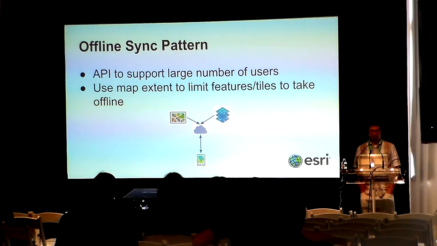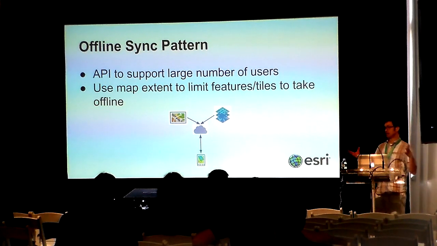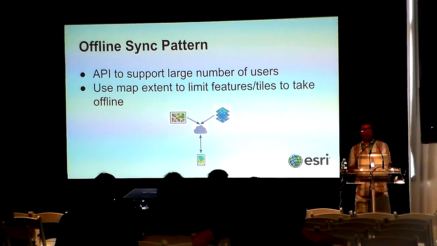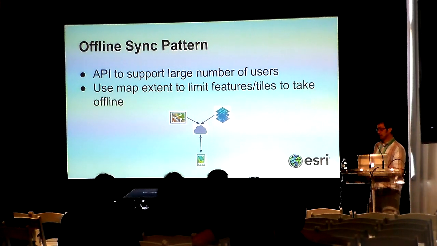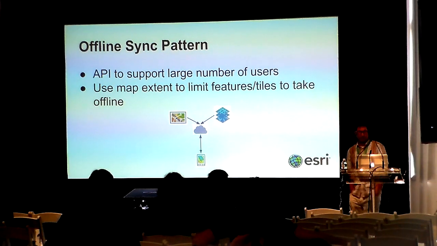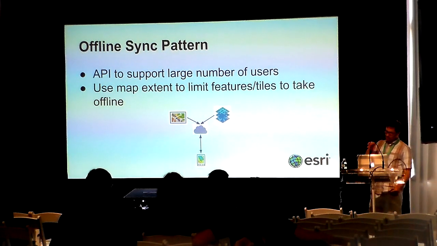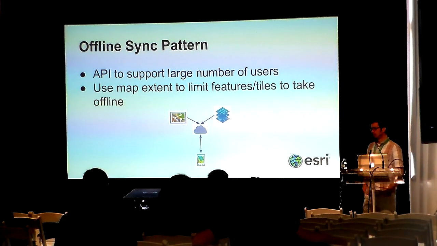Now, the data is in a large cloud-based database. You could either consume the entire database, which can take a long time to get locally on your device and comes with device limitations, or you can take the map extent of where you're at.